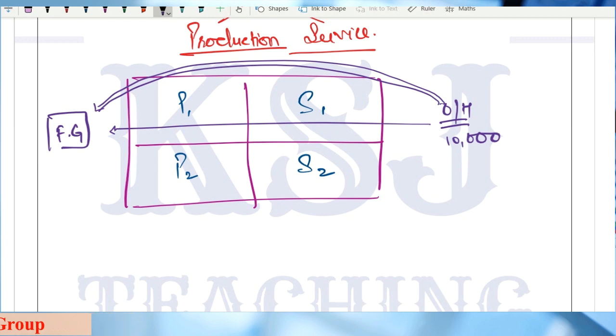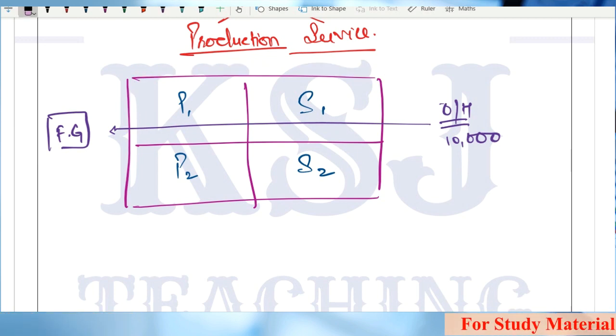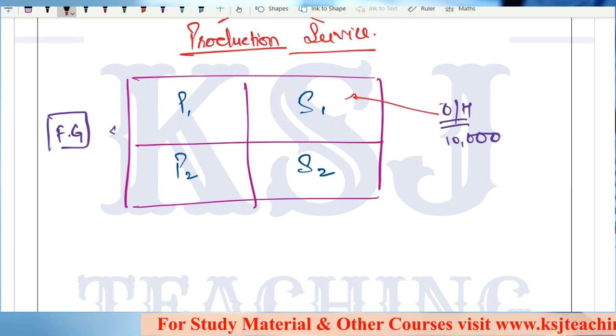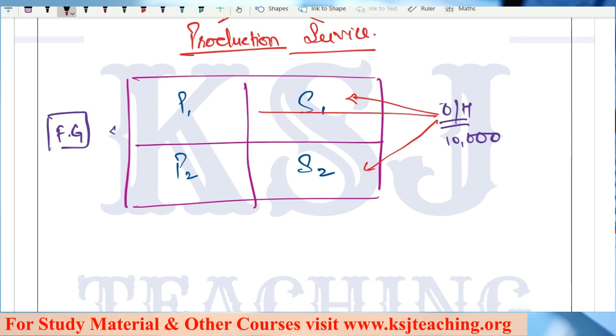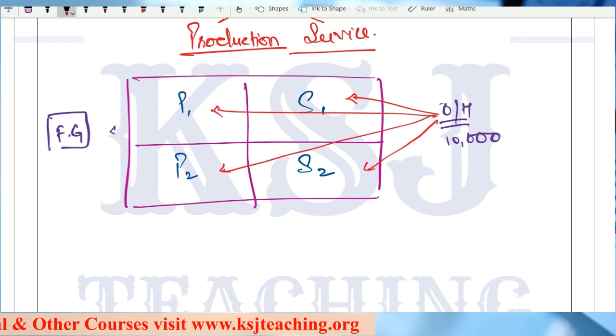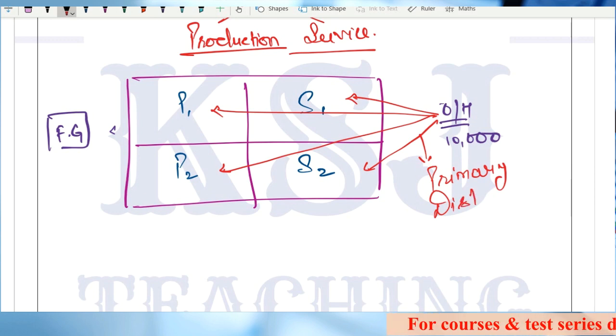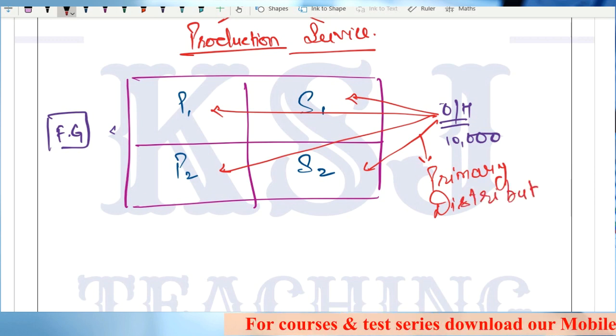For that, you have to follow 3 steps. And what are the 3 steps? The first step is the distribution of overheads between all the departments. This we call primary distribution, right? This is what we studied about, primary distribution.